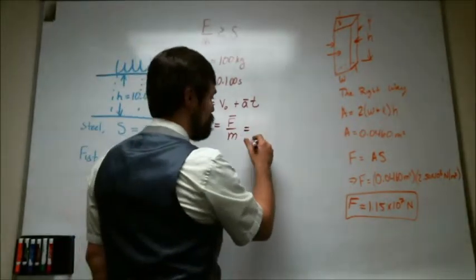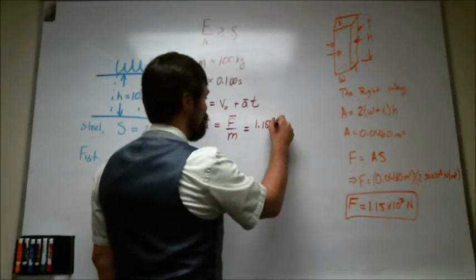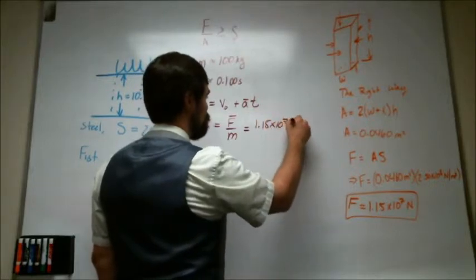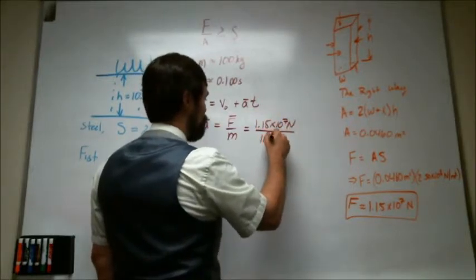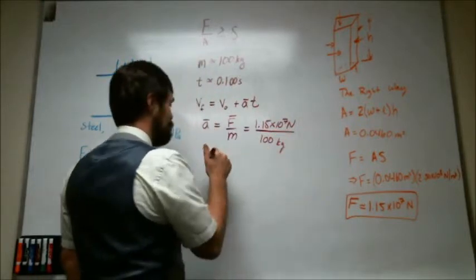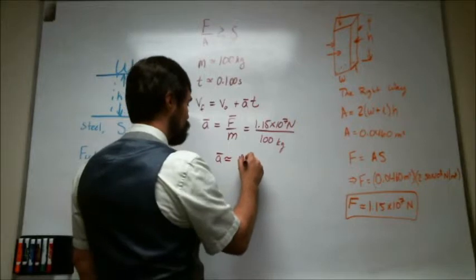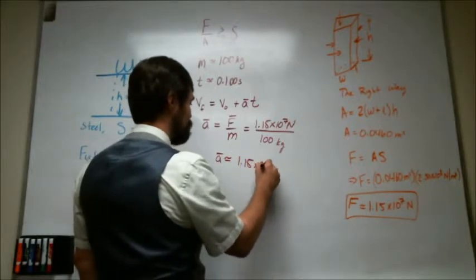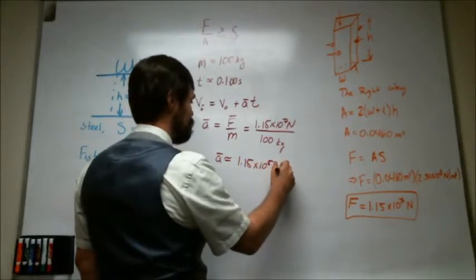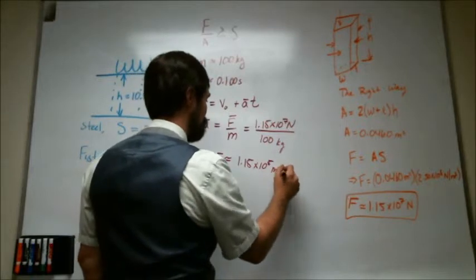So that's going to be 1.15 times 10 to the 7 newtons divided by 100 kilograms. So his average acceleration is 1.15 times 10 to the 5th meters per second squared.